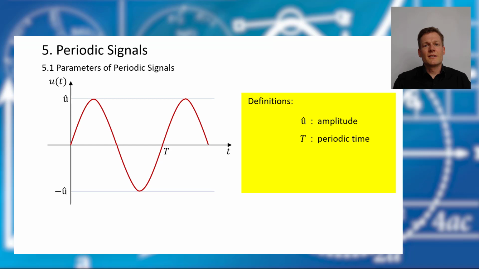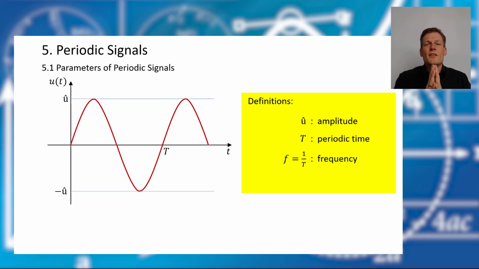Okay, and then I told you we have a sinusoidal voltage in our power net, and maybe you heard we have 50 hertz there. And the periodic time and the frequency are just convertible into each other by the inverse.